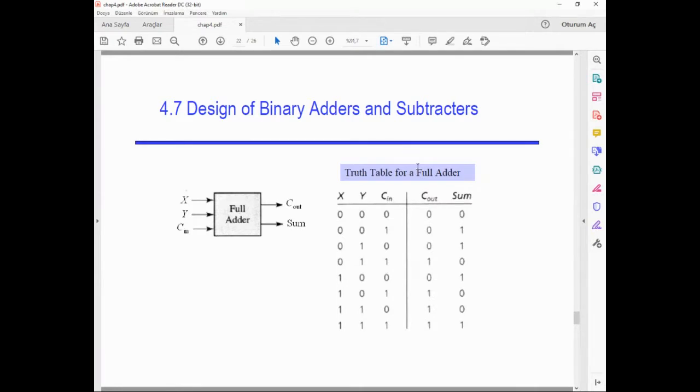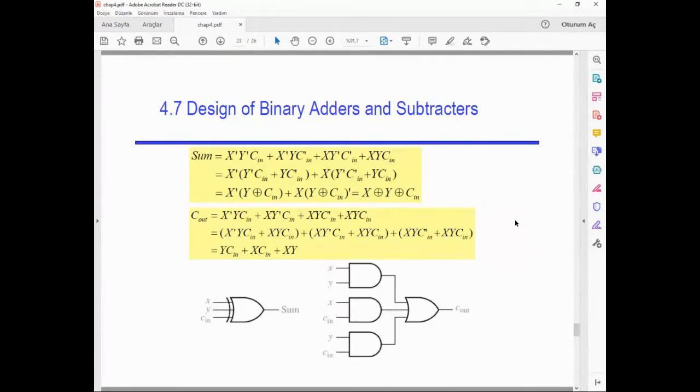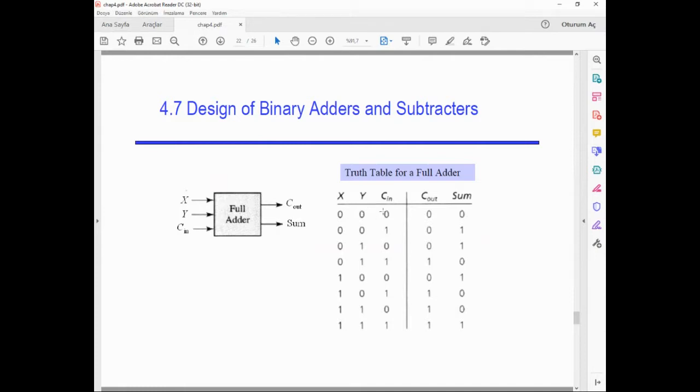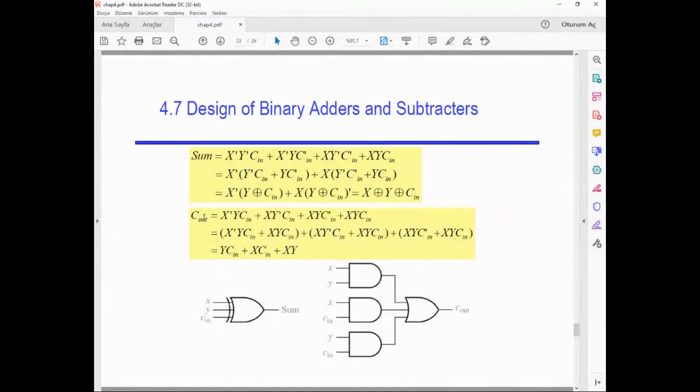It's just a truth table about full adder. There is a X, Y, and also carry in. You have to get the carry in like a decimal number. It's just a summation. You add two numbers and get the results. You have carry and you have a truth table about that. And you can write like that from the truth table. Sum and carry. You have sum of X, Y, and carry in. You also have carry out, and with this one you can simplify using rules and you can get this.